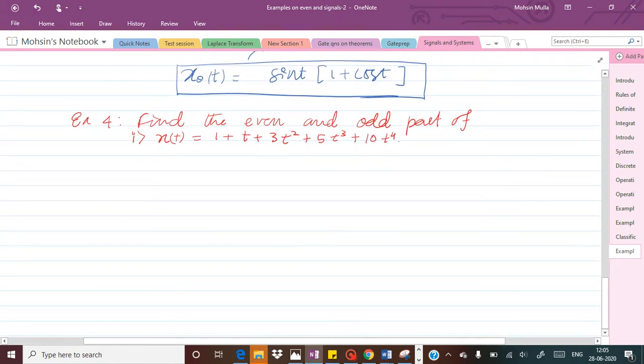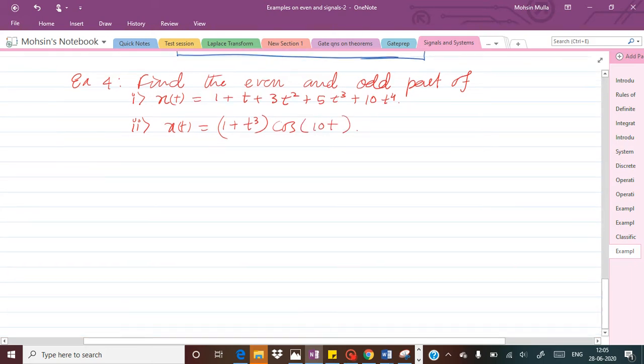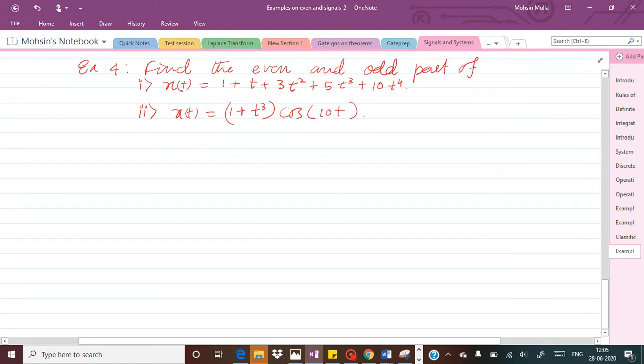And the second example is x of t equal to 1 plus t cube into cos of 10t. Now let us try to find the even and odd part of these two examples.